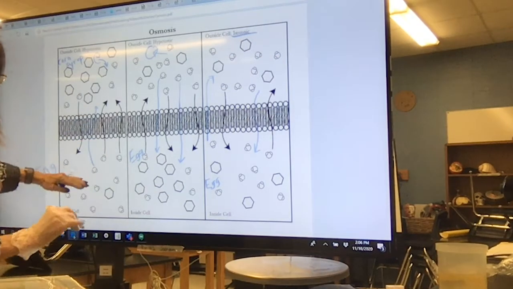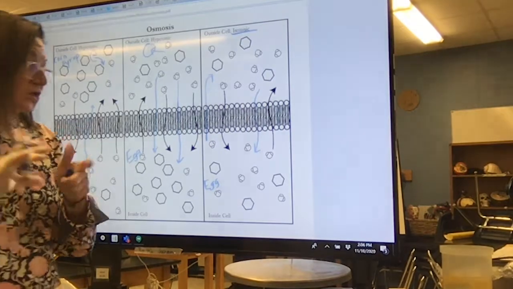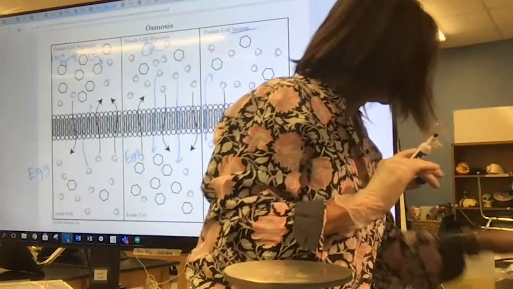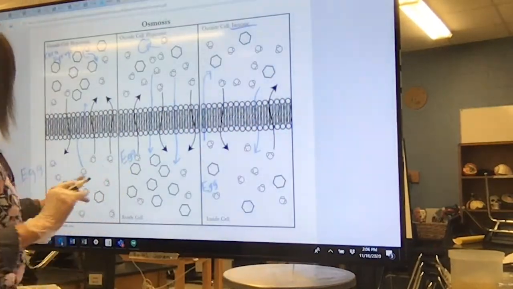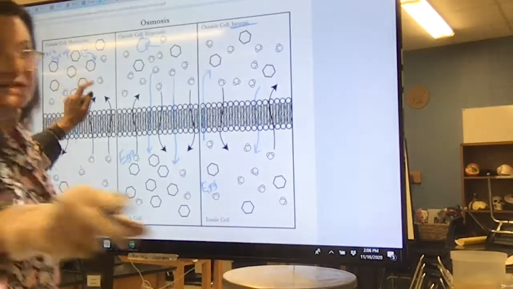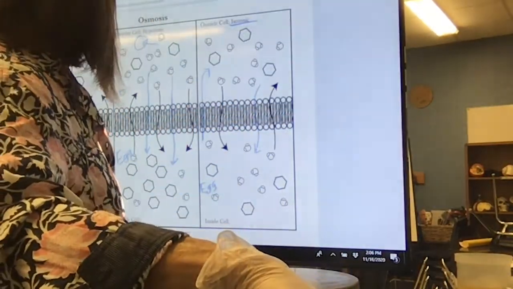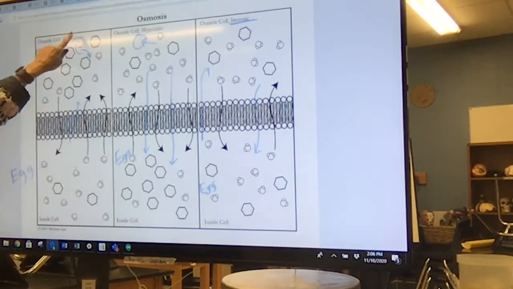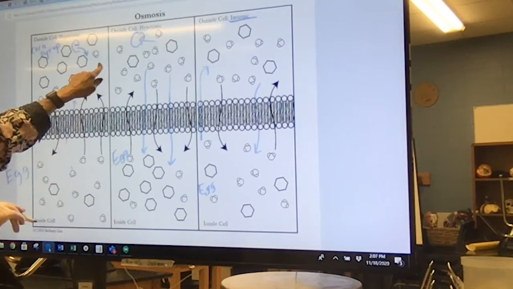So what it does is the water from inside the egg, because remember it was large, like kind of like this, and it then went out, because we can see it now, right? It's gone. So it goes out, and we call this hypertonic because the water from the egg came out.